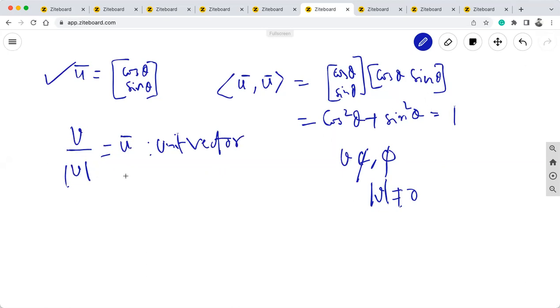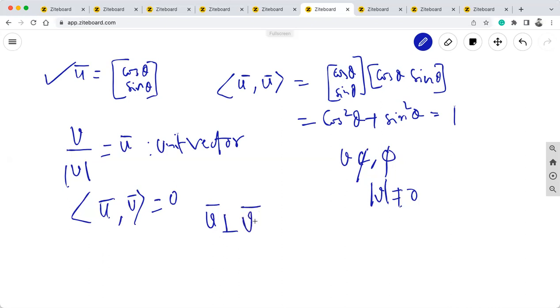This is important. If for any vector u and another vector v the inner product is 0, then we call the u vector orthogonal to the v vector.